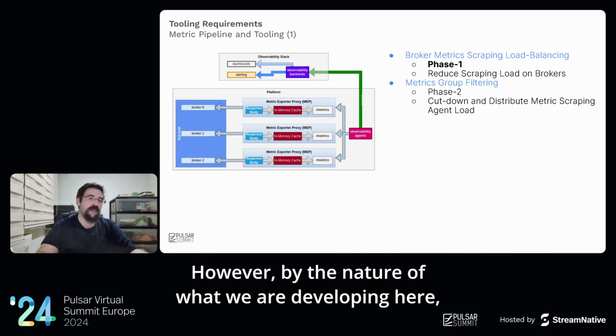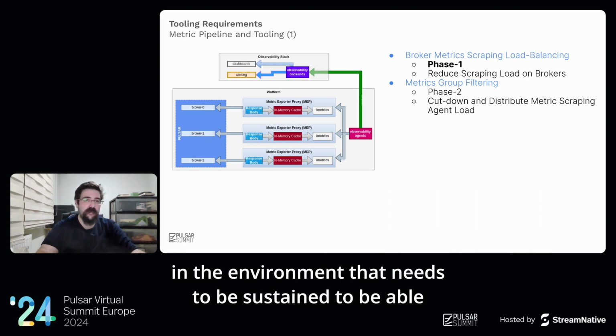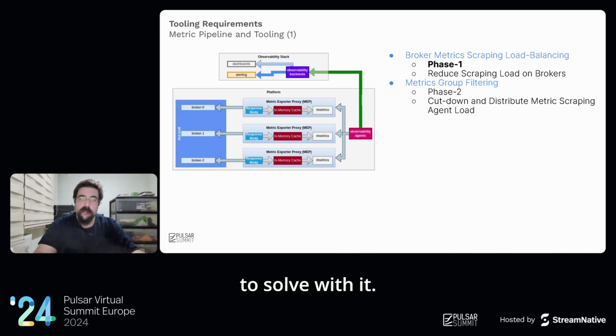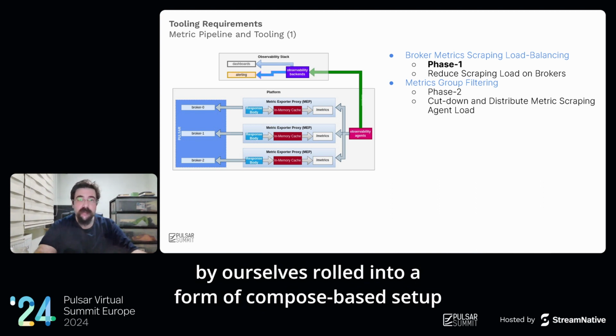However, by the nature of what we are developing here, we have levels of dynamism and a certain amount of load in the environment that needs to be sustained to be able to simulate the problem that we are trying to solve with it.